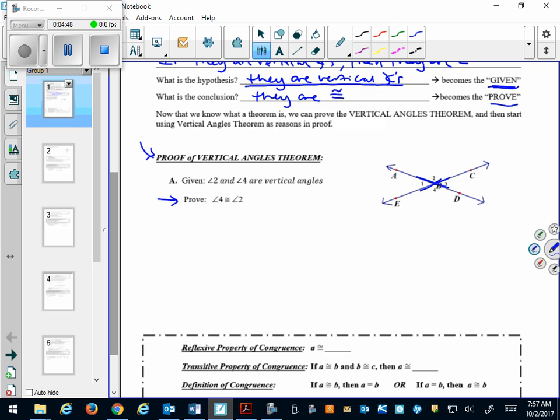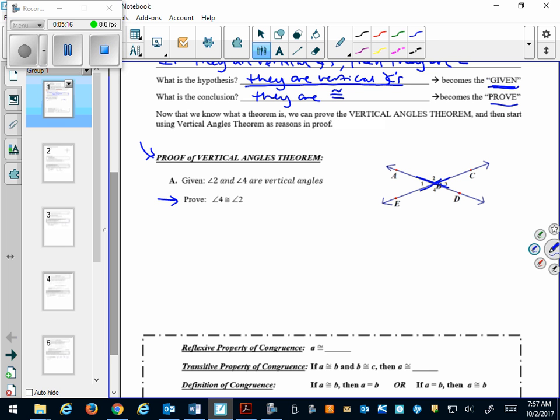Now, if I gave you this proof 5 minutes ago, you would say this is a two-step proof. You'd say, okay, they're vertical, so they're congruent, and my reason is the vertical angle theorem. That's going to be true and good going forward, but this is the proof of that theorem.